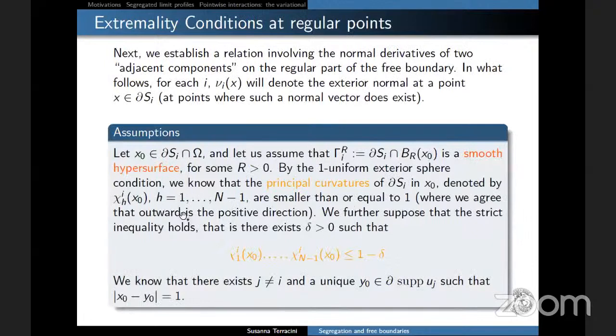We agree to take as positive direction the outward normal. And we suppose not only that the curvatures are smaller than 1, but that they are bounded away from 1, so they are all less than or equal to 1 minus delta, at least in a portion of their boundary.